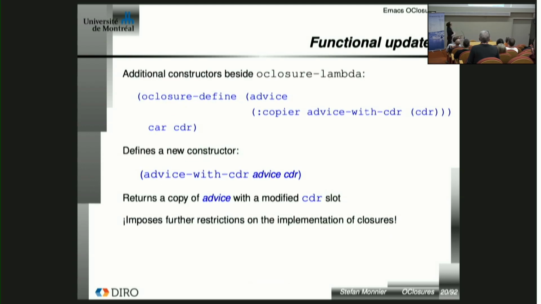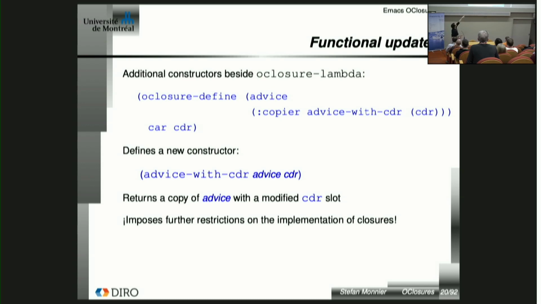All right, one final detail. I actually added an extra functionality, which is functional update. So as I said, slots are read-only by default, but you can actually modify them as you create a new copy. So you can ask to have functional update functions with this :copier property on the type definition.